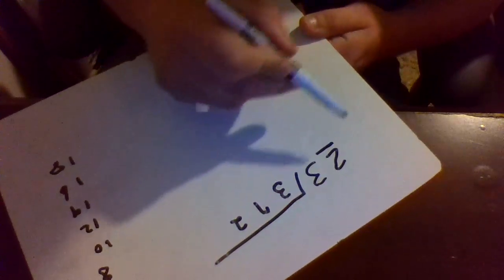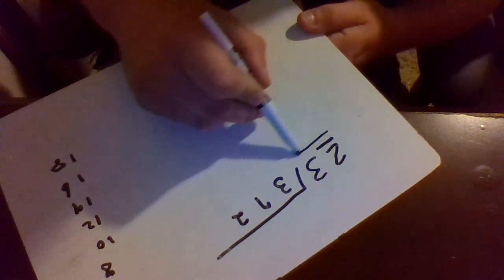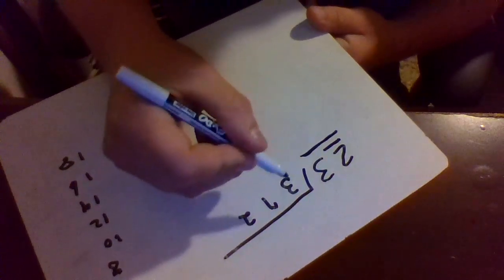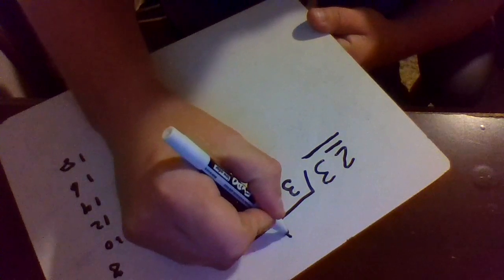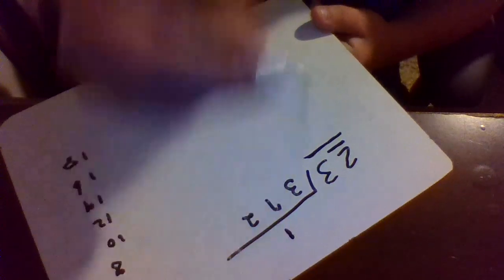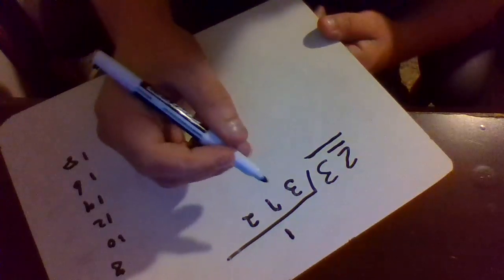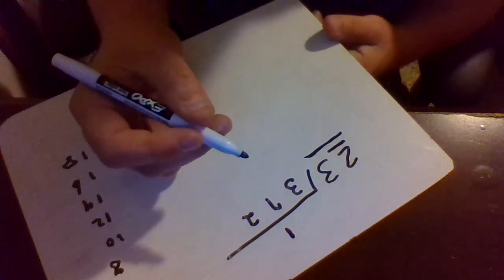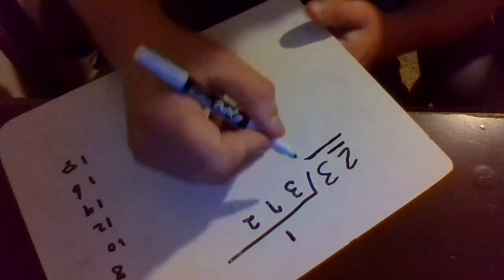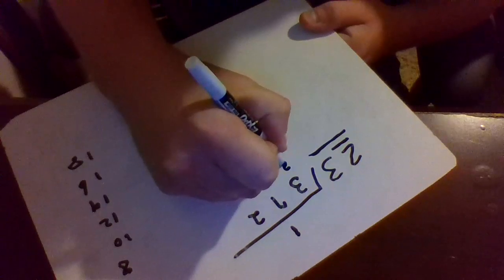So now is the important part to remember, that we're doing 23, not just 2. So 23 goes into 37 one time. And 1 times 23, as you probably know, anything times 1 is itself. 1 times 23 is 23.